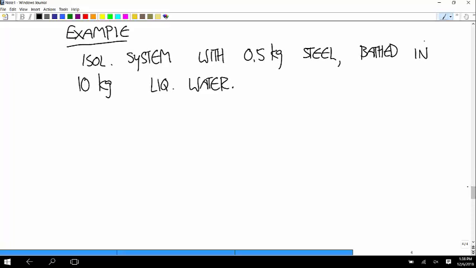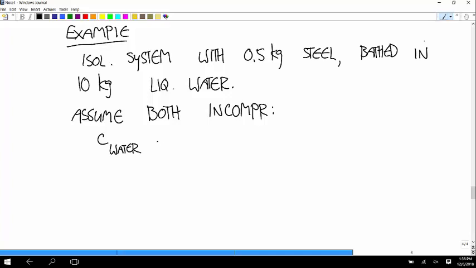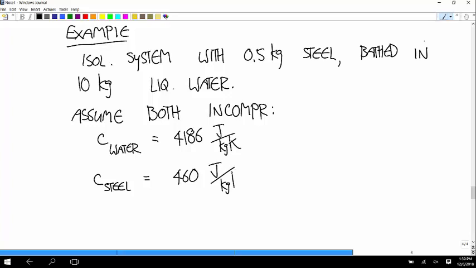And we're going to assume both of these are incompressible. And incompressible means that we can just talk about specific heats as a single value. The specific heat for the liquid water is 4186 joules per kilogram Kelvin. And for the steel, it's 460 joules per kilogram Kelvin.